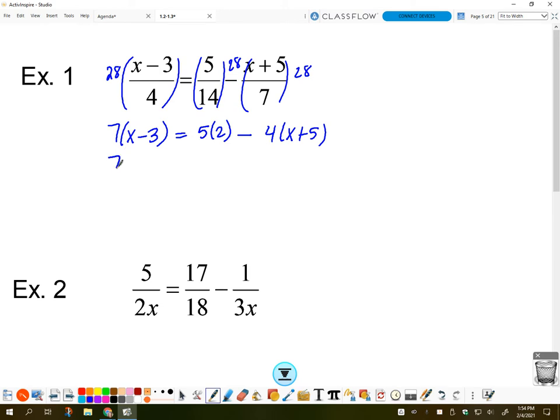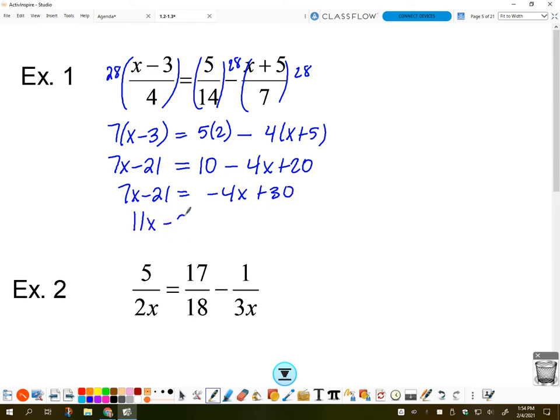Alright, so we have 7x minus 21 equals 10 minus 4x plus 20. Combine like terms, so negative 4x plus 30. Add 4x to 7x, so 11x minus 21 is equal to 30. Add 21, so 11x is equal to 51.